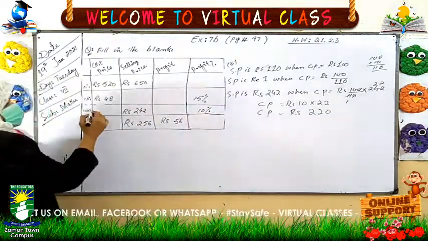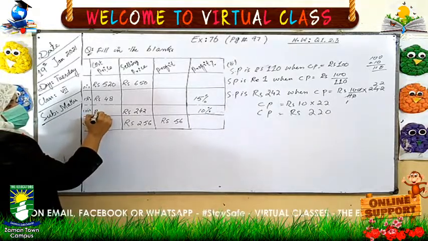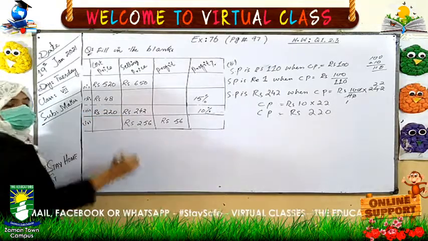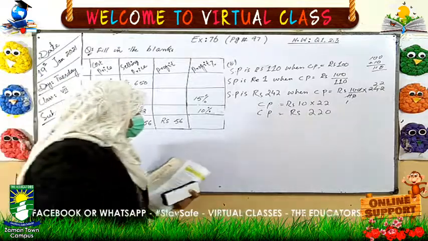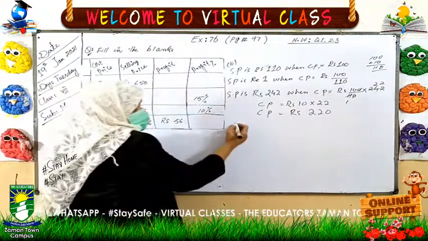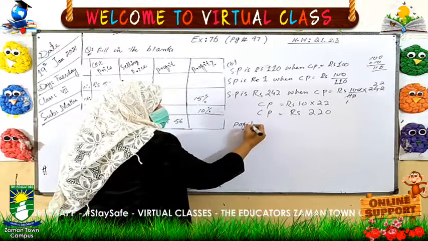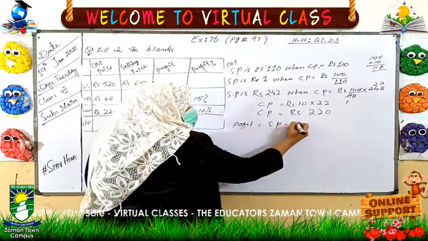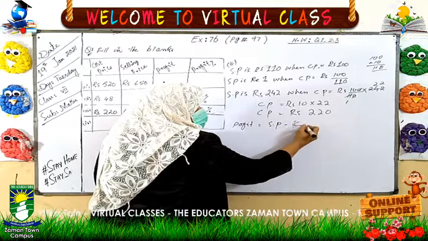So here we will write that the cost price will be rupees 220. Now, how will you find your profit? You know that profit is equal to SP minus CP.